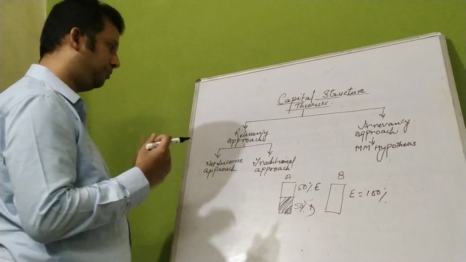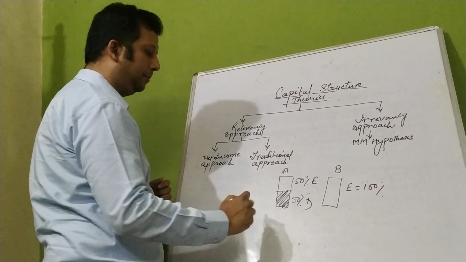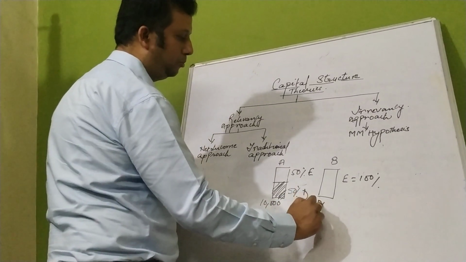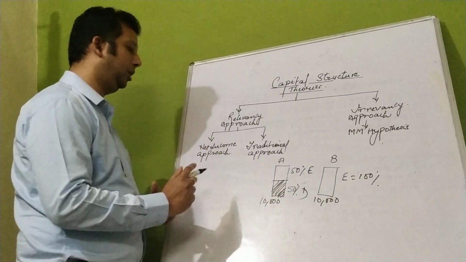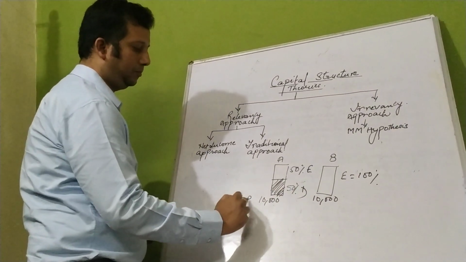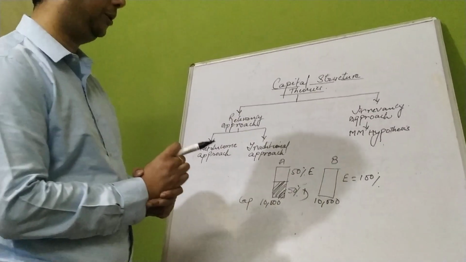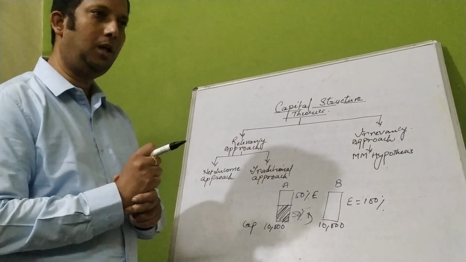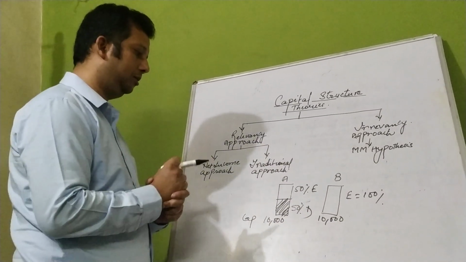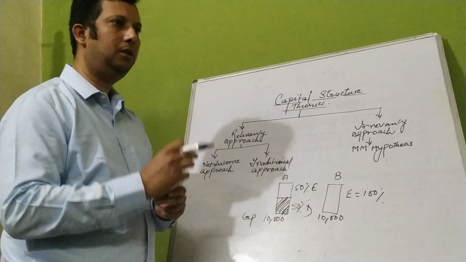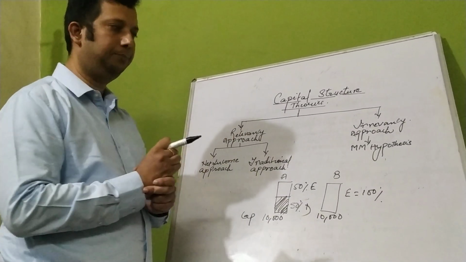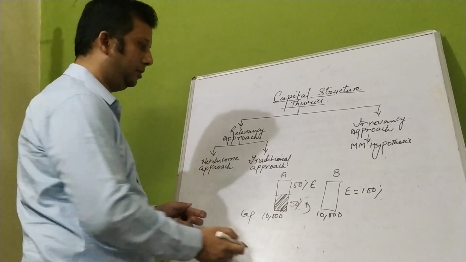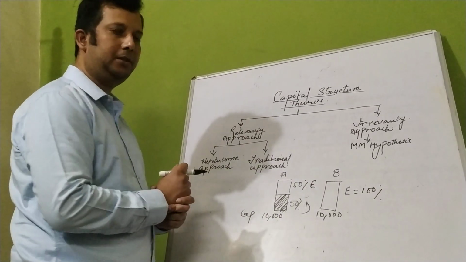Now suppose the total capital of both the companies is 10,000 rupees, and the issue price of a share is 10 rupees. How many shares must firm A have issued?